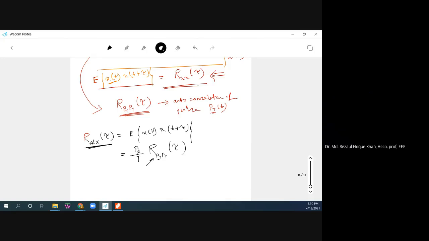If we do the Fourier transform, then we can have S_xx, the power spectral density. If you do the Fourier transform of the autocorrelation, we get the power spectral density: P_d by T, same thing. We do the Fourier transform and we get the power spectral density, which is S_pp.